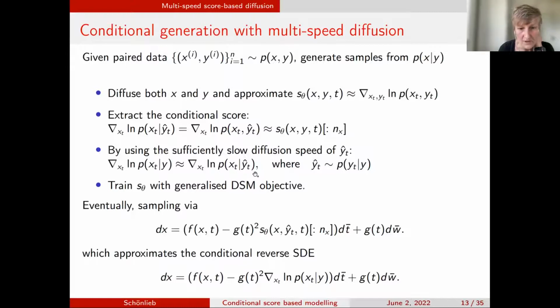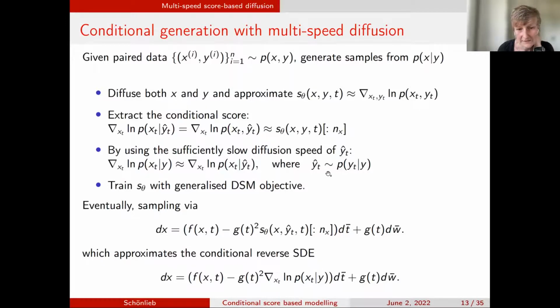Now, there is another step. Because what we actually want, if we do conditional image generation, is to create X conditioned on Y, not on Y_t hat.